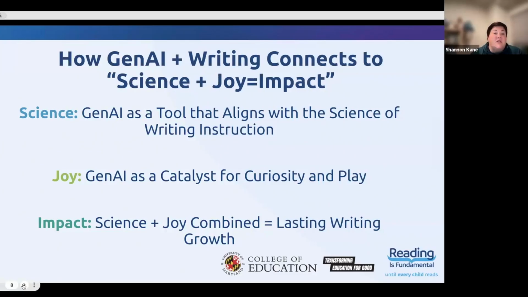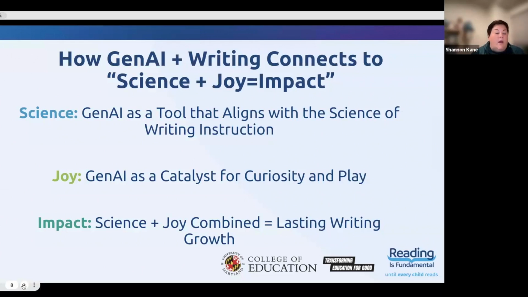This idea of revisioning, improving writing outcomes, the process-based approach, all of this research, right? Gen AI can support it because it actually helps teachers model, scaffold, differentiate. It can help students practice the idea of revision, analyzing for different things like tone, and experiment with voice, right? So there's strong alignment with some of the instructional best practices, right?